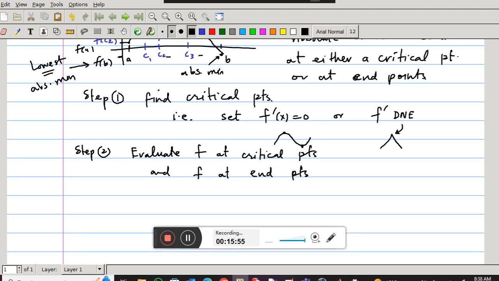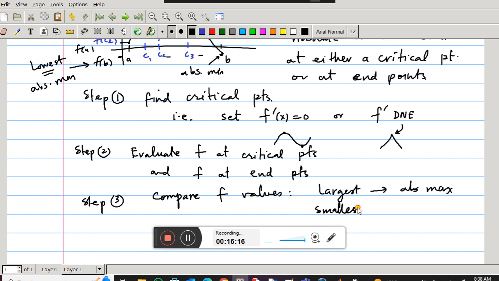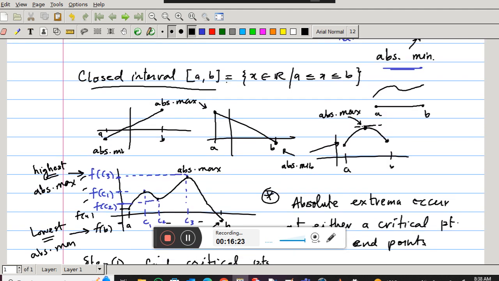for closed interval. Then step 3, compare f values. Compare function values, okay? The largest or highest value will give me the absolute maximum, and the smallest value will give me the absolute minimum. So no need to see relative maxima and minima.